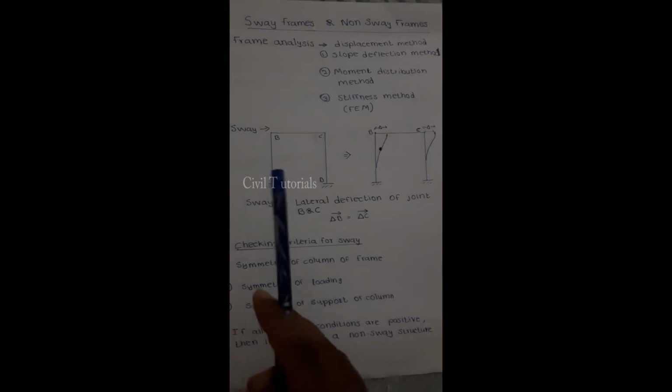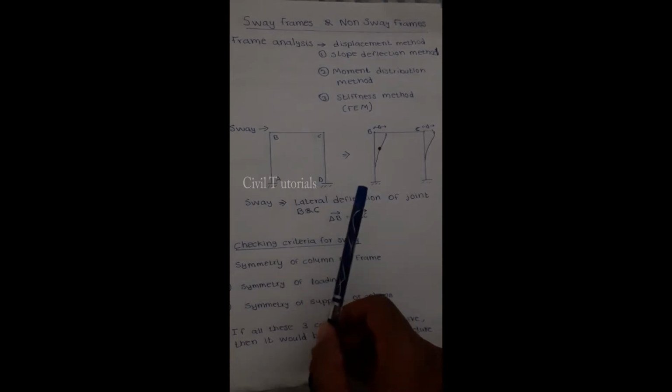Lateral direction means a force in the horizontal direction at B. Element BC deflects laterally, so the total structure sways. If the structure had any restraint at C to resist the lateral deflection, it couldn't sway. But in this instance, we don't have any resistance to this lateral deflection in this frame.